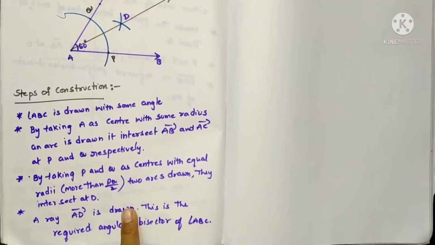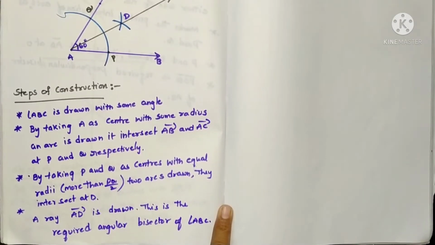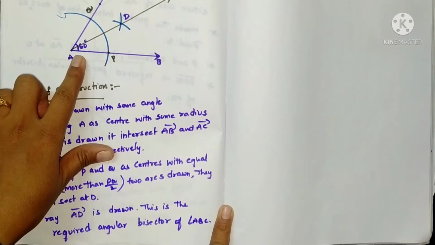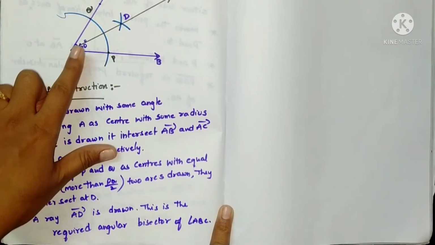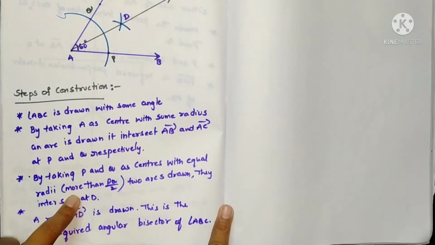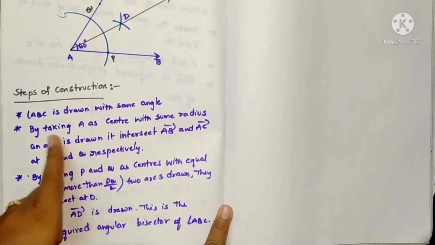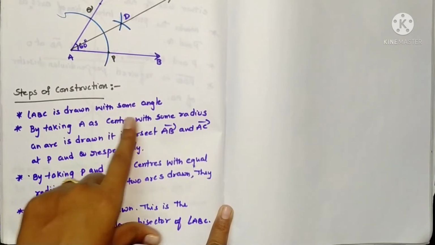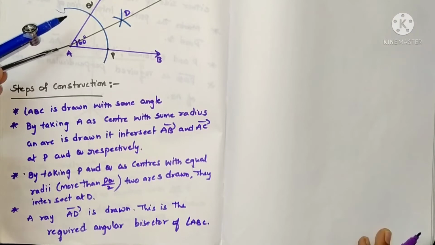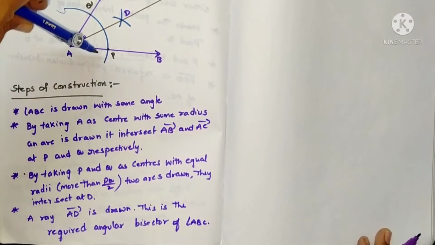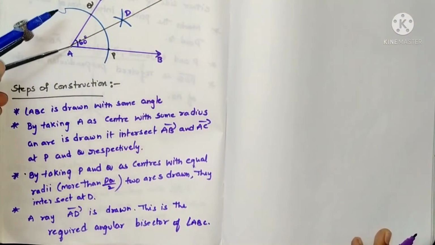So steps of construction. Students, just for your understanding, I took 60 degrees. So steps of construction I wrote generally. Angle ABC is drawn with some angle. By taking A as center with some radius, an arc is drawn.